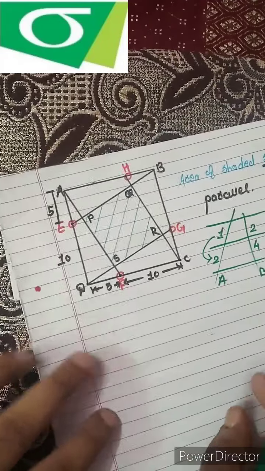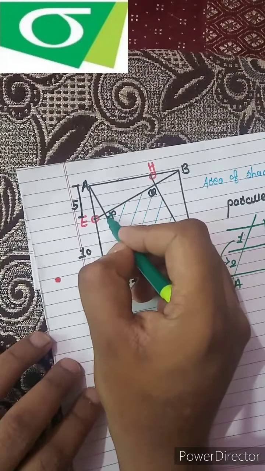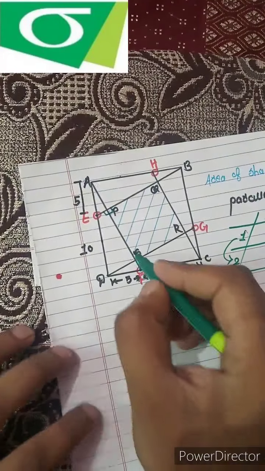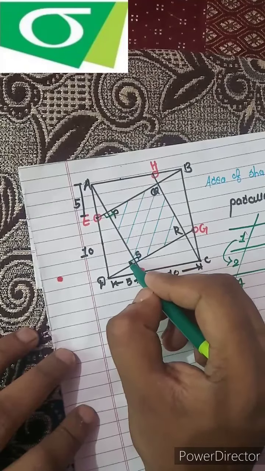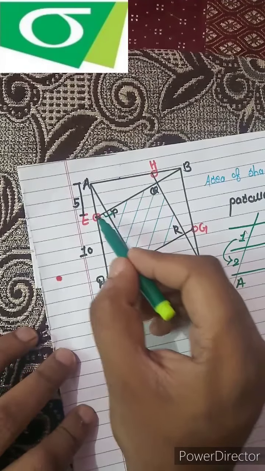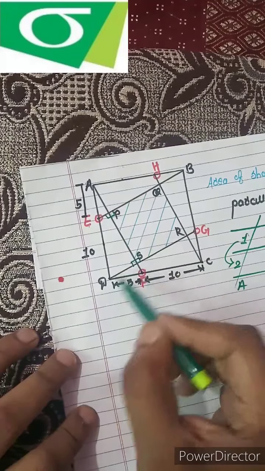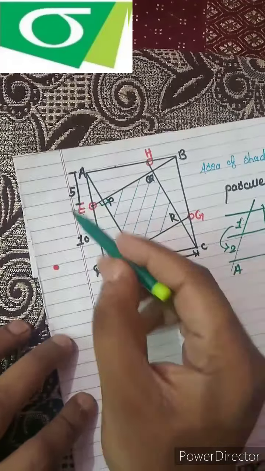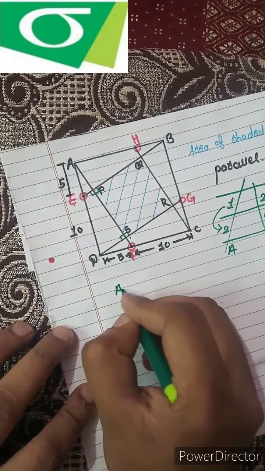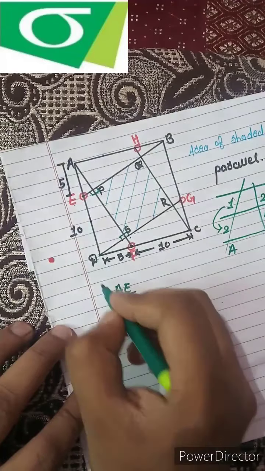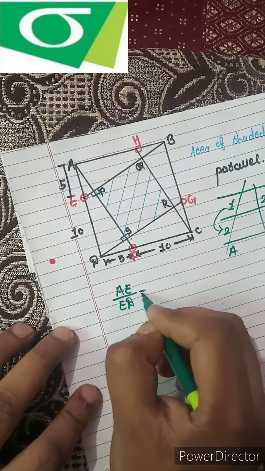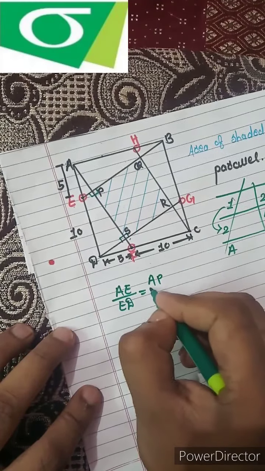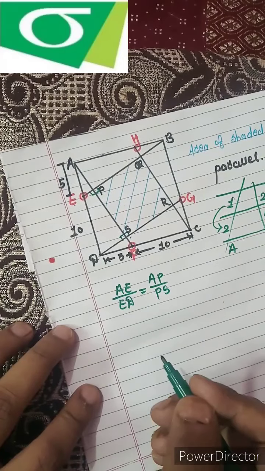Now observe, this is a square, that means it is 90 degrees, the opposite angle also 90, here also 90, 90. So we can say that lines AP and DS are parallel lines. From this we can say that AE upon ED is equal to AP upon PS, both in the same ratio.